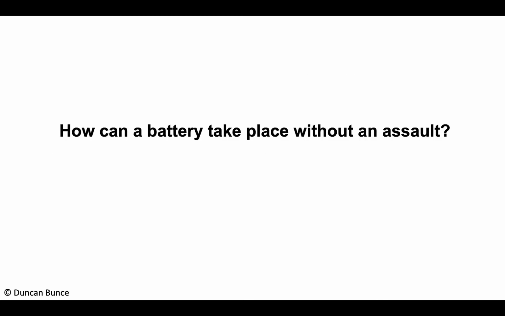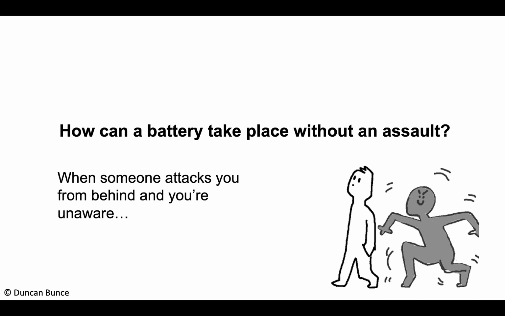How can a battery take place without an assault? Now, we've touched on this in a roundabout way, but the answer is when someone attacks you from behind and you're unaware. So we spoke a moment ago about that scenario for assault where somebody turns their back and the person behind them throws their drink at them but misses.